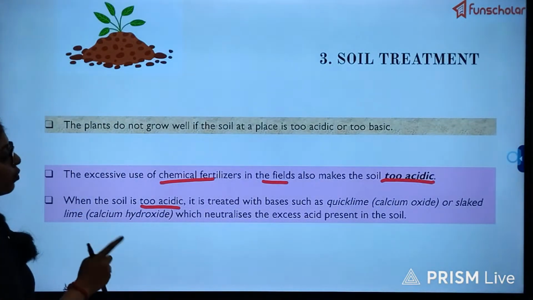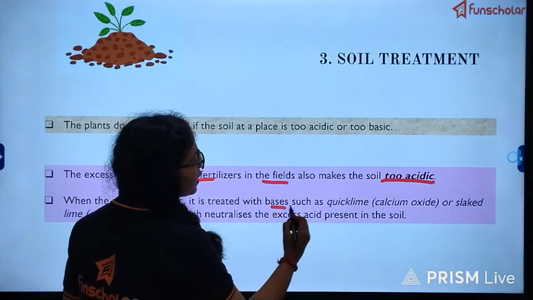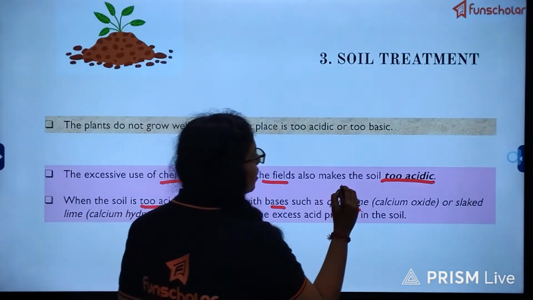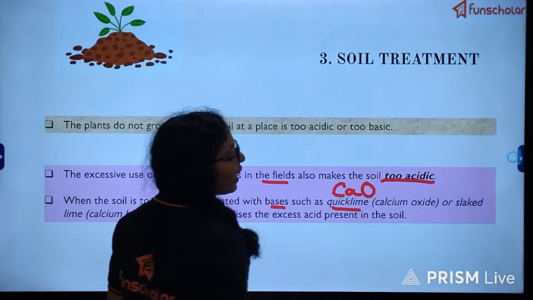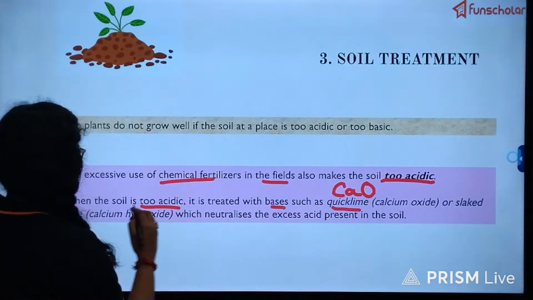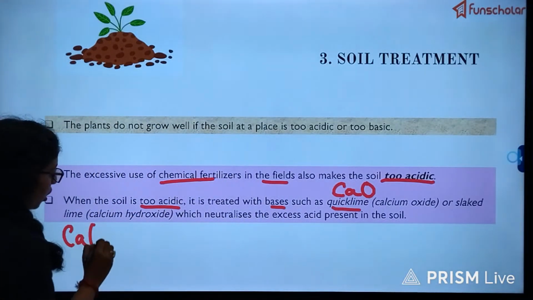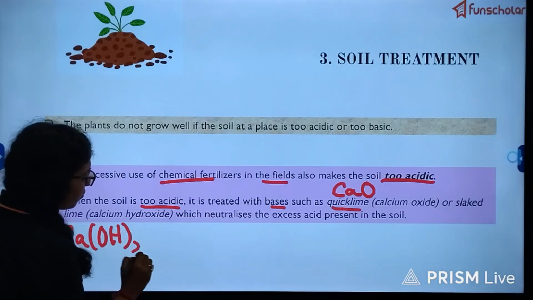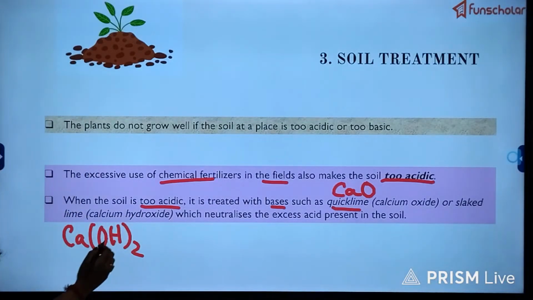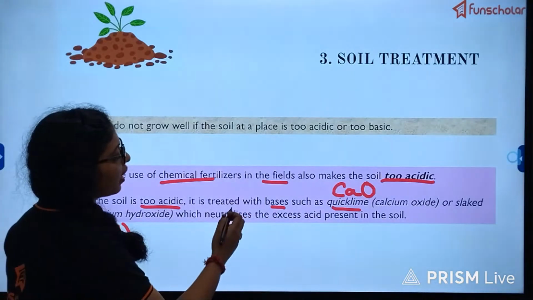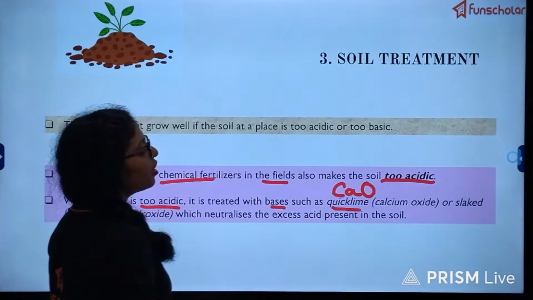So when the soil is too acidic, it is treated with bases such as quicklime, which is CaO or calcium oxide, and slaked lime, which is Ca(OH)2, calcium hydroxide, which neutralizes the excess acid present in the soil.